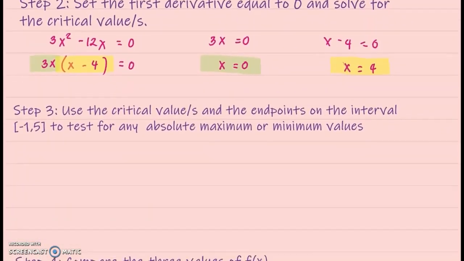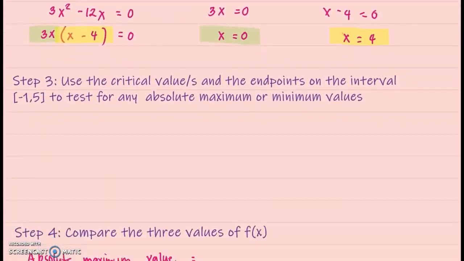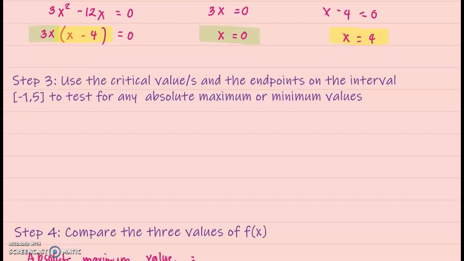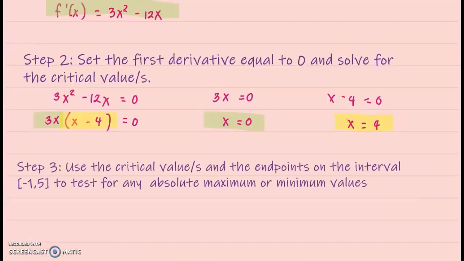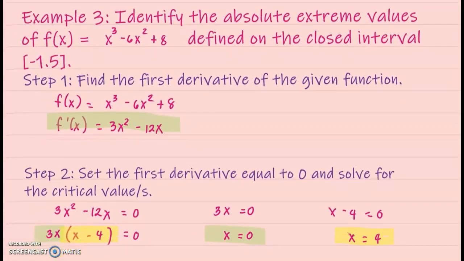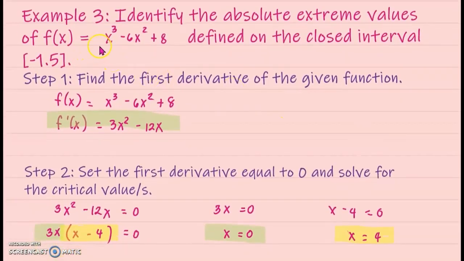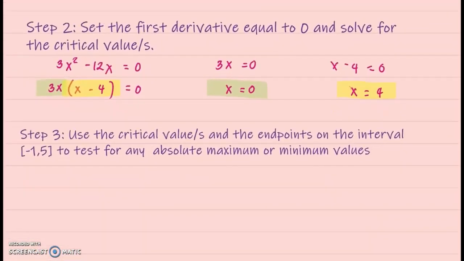So step 3, use the critical values and the endpoints on the interval to test for any absolute maximum or minimum values. So let's have first x equals 0. Now let's be reminded of our function. Our function is x cubed minus 6x squared plus 8.